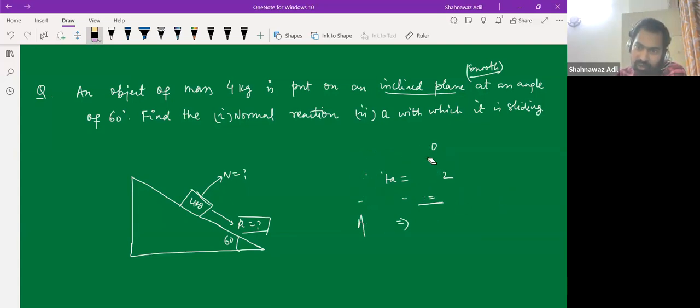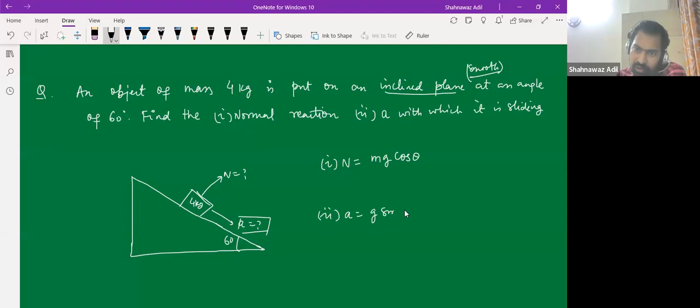So what do we know? We know that the normal reaction is mg cos theta, correct? And we know that the acceleration is g sine theta, right, guys? Or you can always draw the diagram and then calculate.